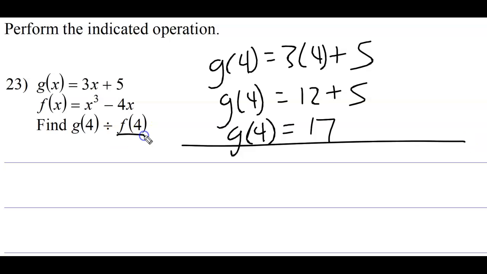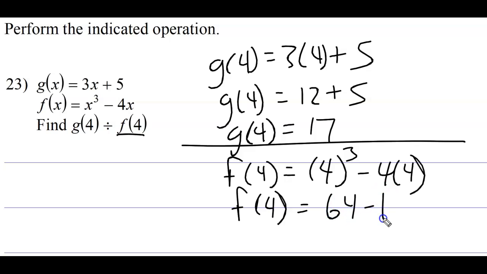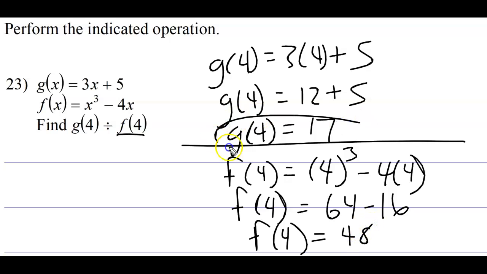Next we'll find f of 4. See, what would that be? We're about 48. So we've got our two answers there. G of 4 is 17 and f of 4 is 48.